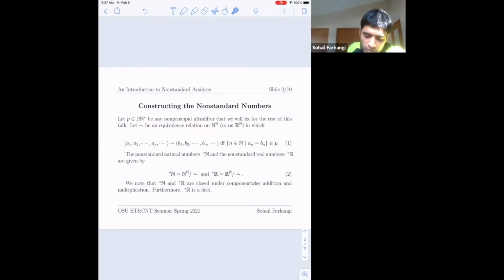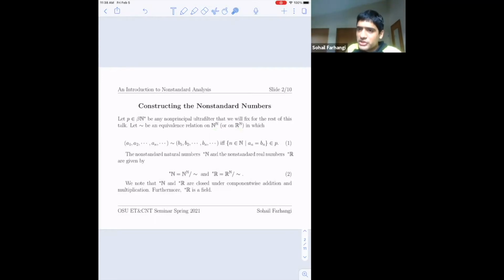Now, once you have an ultrafilter, you can create an equivalence relation on the sequences of natural numbers, or if you would like, sequences of real numbers. If you want to construct the non-standard naturals, you would start here. If you want to construct the non-standard reals, then you would start here.